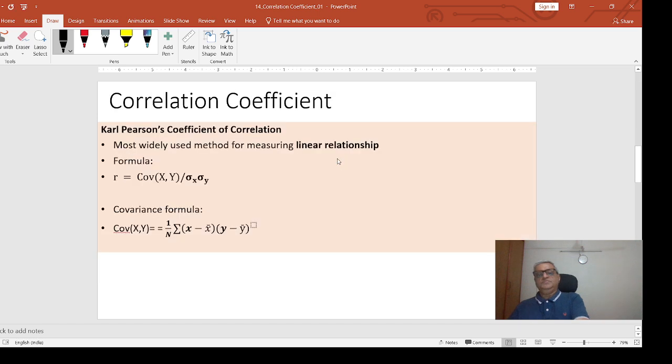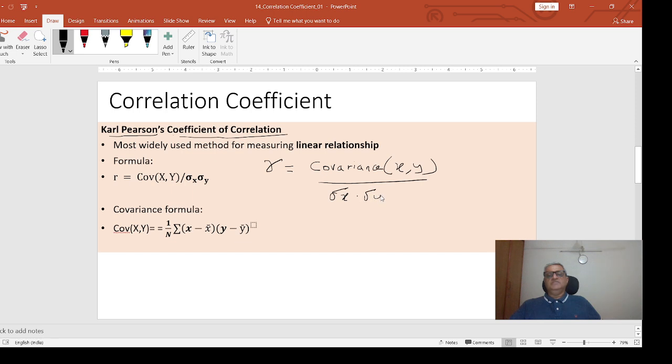Let's move on. How do we measure correlation? Correlation is measured using Karl Pearson's coefficient of correlation. Typically, the correlation coefficient is depicted by r, and it is calculated as the covariance of x and y divided by the standard deviation of x multiplied by the standard deviation of y.